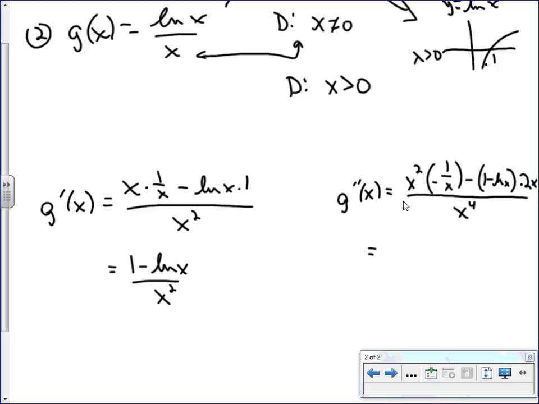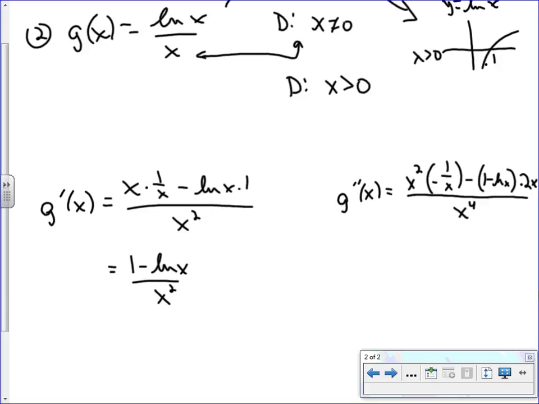Clean it up a little bit. I'll go ahead and clean up a little bit. Arrows for the next step. Add your like terms.